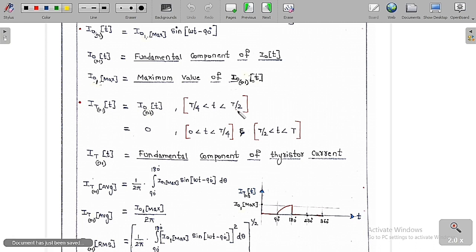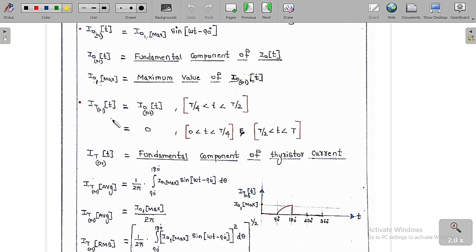So for switch S1, it is equal to I naught 01 of t. The fundamental current of the thyristor current is equal to the fundamental current of the output current for T by 4 to T by 2. Only for this region I assume S1 is connected. This is what is going to happen.